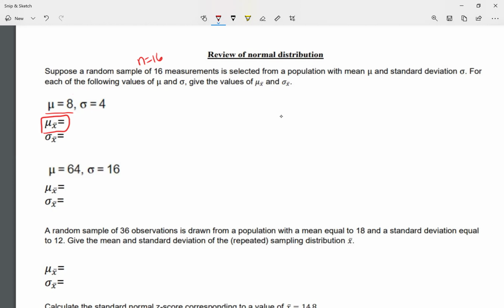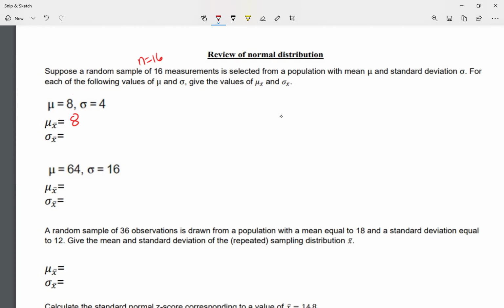That's basically the mean of the sample. Interesting thing is that the mean of the sample and the mean of the population are the exact same number. So the mean of my population here is 8, so the mean of my sample will also be 8. That's easy. Now, the standard deviation is not quite the same thing.